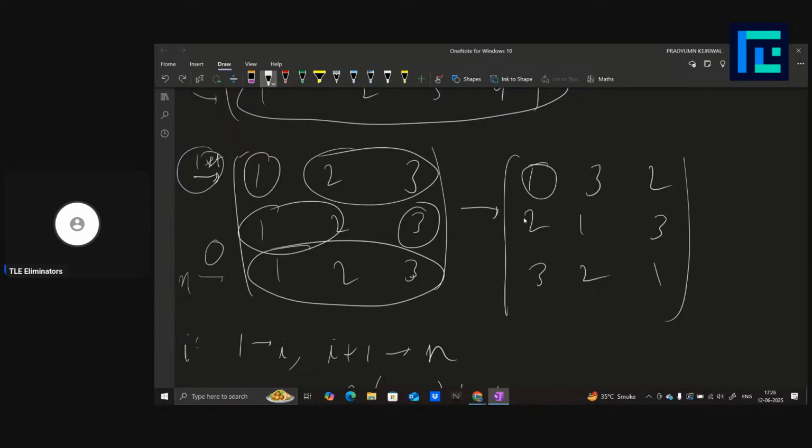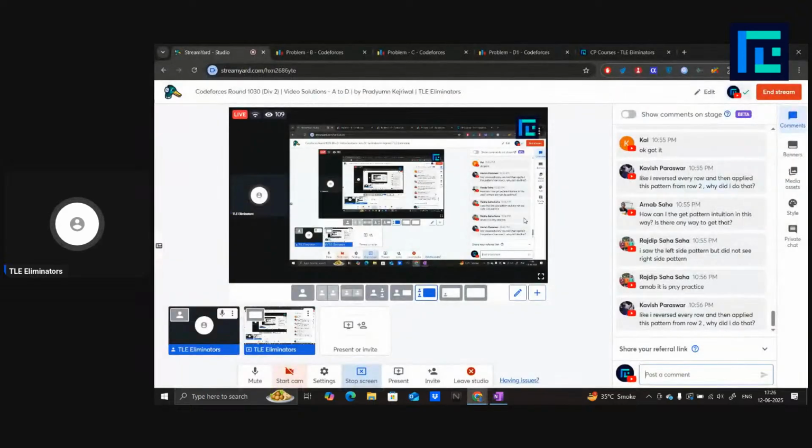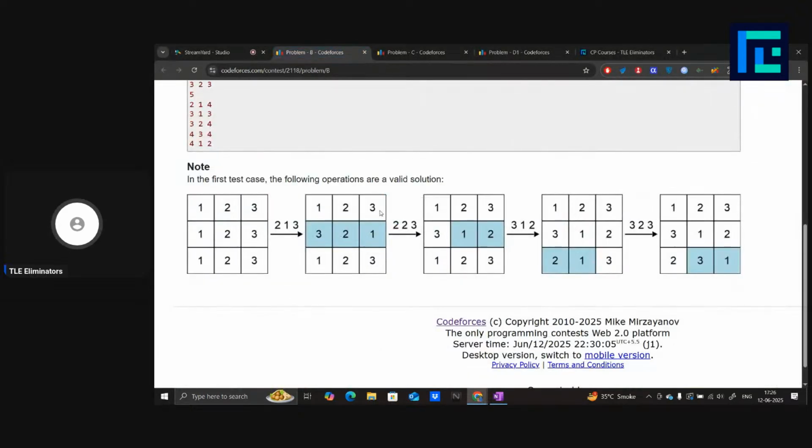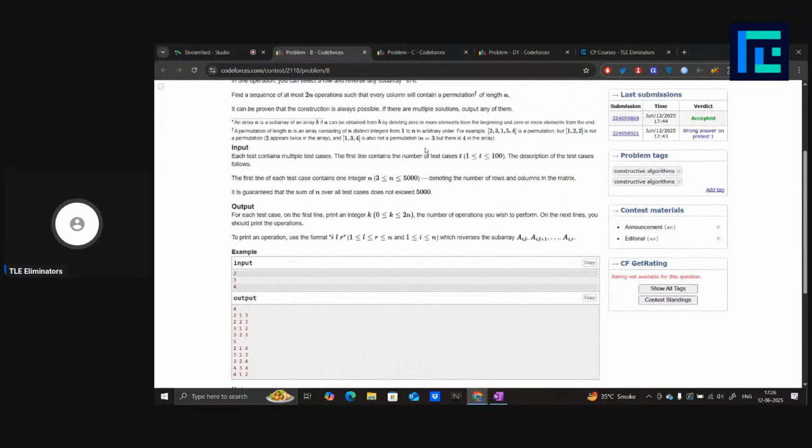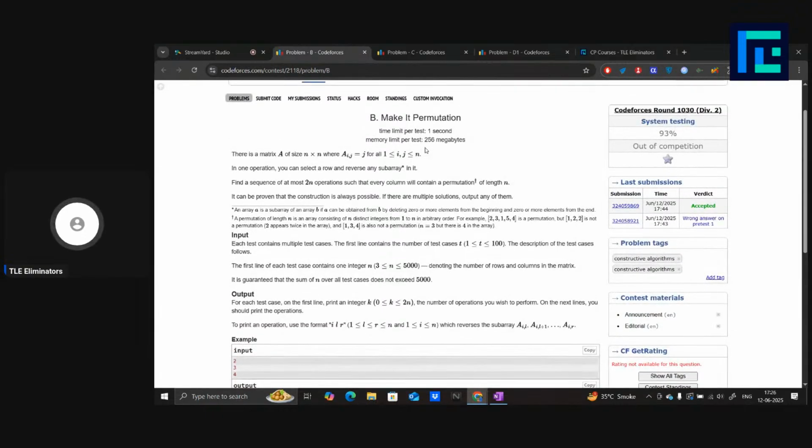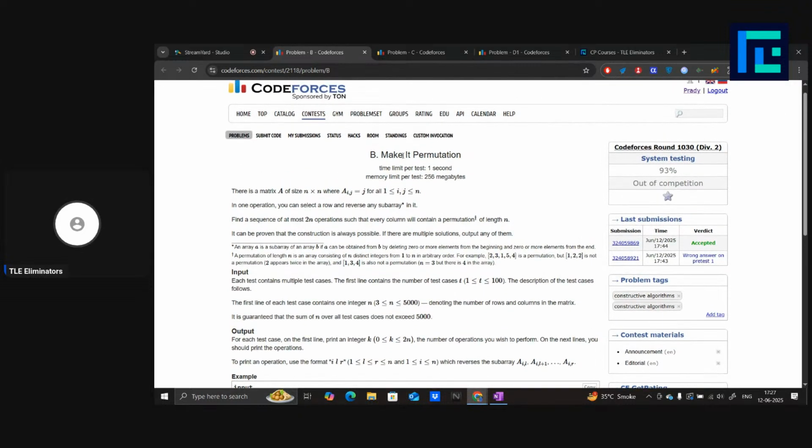So I have to keep three, so I'll reverse till three. That's what I thought about. It's just trial and error actually. In constructed problems, it's just trial and error, or basically how far you can think. If you can discard the wrong answers in your mind, then you can solve it pretty fast.